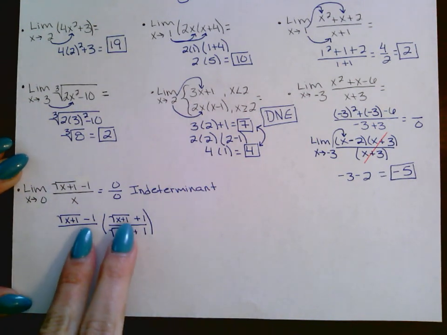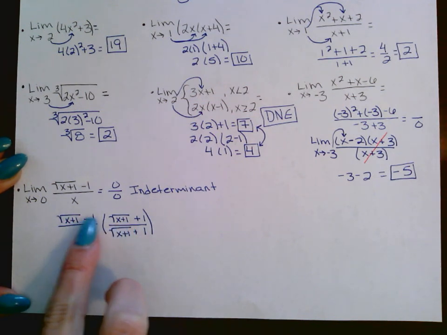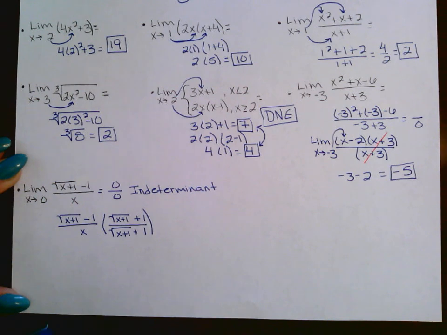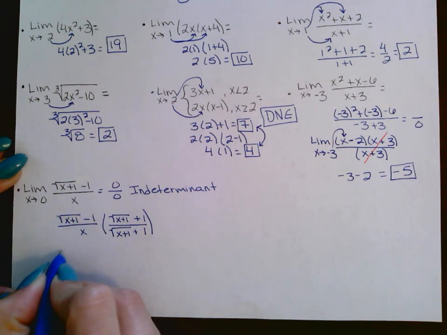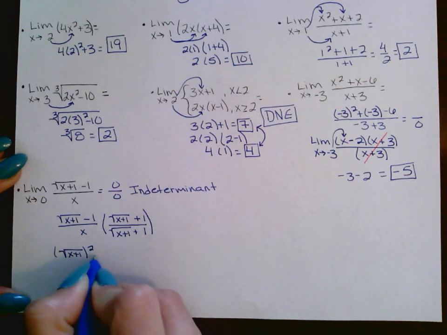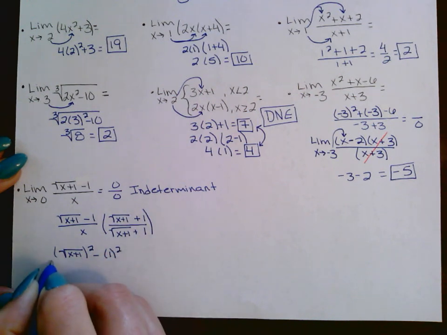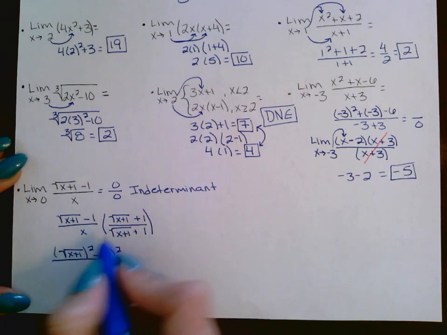Okay? Now, if you remember the rules I went over about conjugates, when I have the first minus the second times the first plus the second, I can just say the first squared, which is square root of x plus 1 squared minus the second one squared. And then at this moment, I'm not going to clean the bottom.